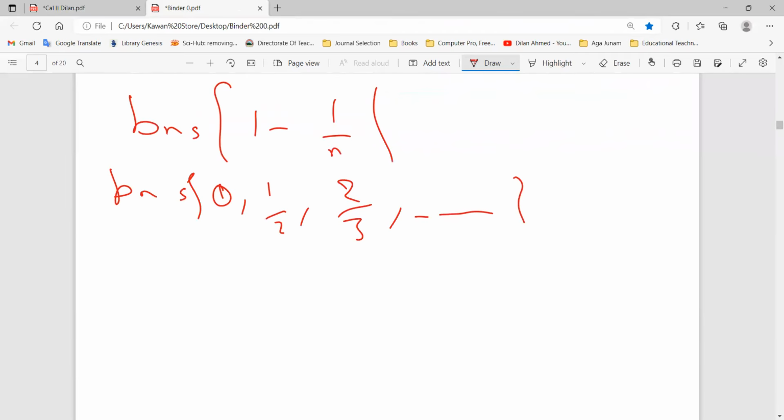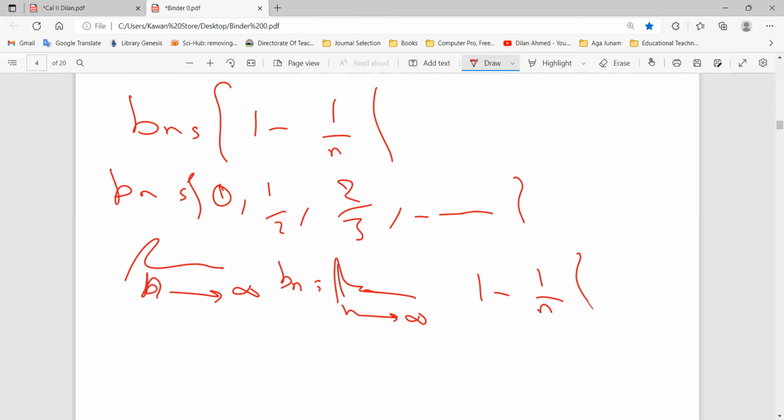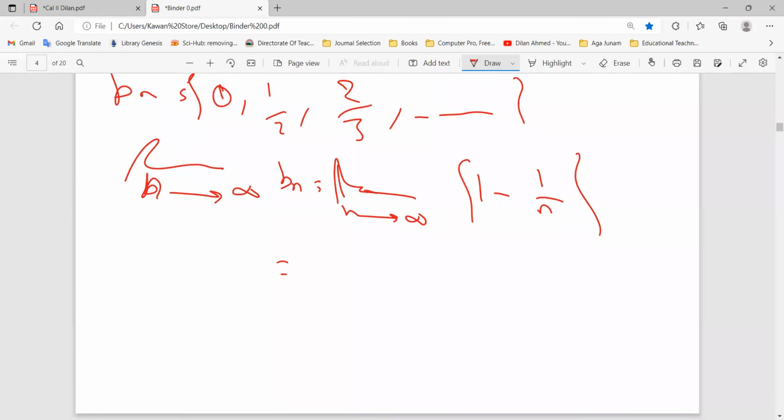So to test, to clarify, to answer whether Bn converges or diverges, I say let n approach infinity for Bn, which equals limit as n approaches infinity of 1 minus 1 over n. And I know that will be 1 minus limit of 1 over n. And I know that one will be 1. So because I got the result, it converges.